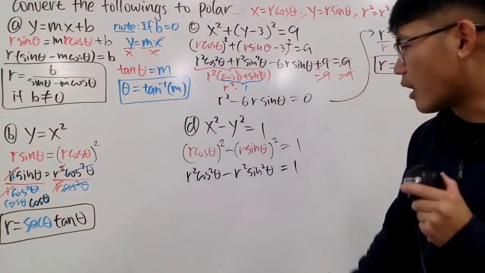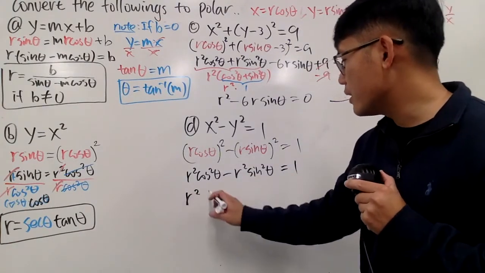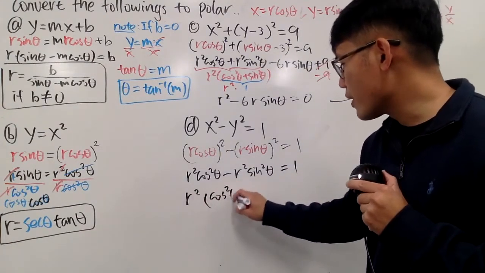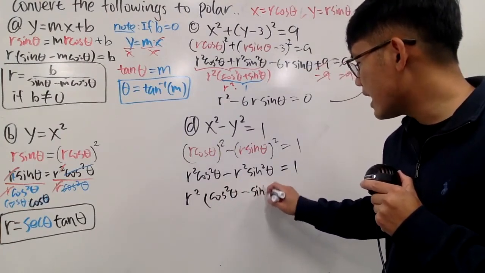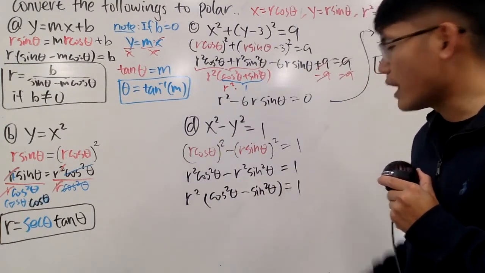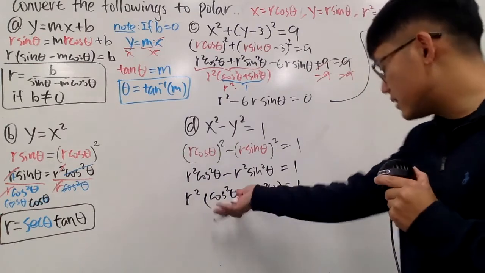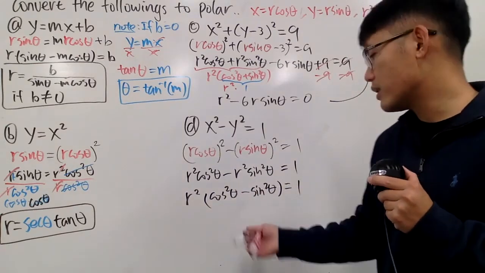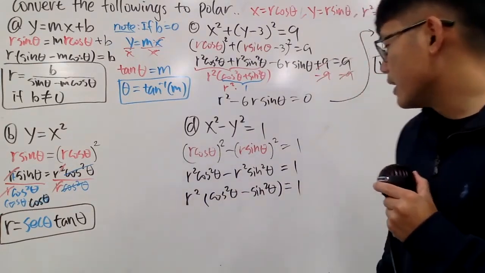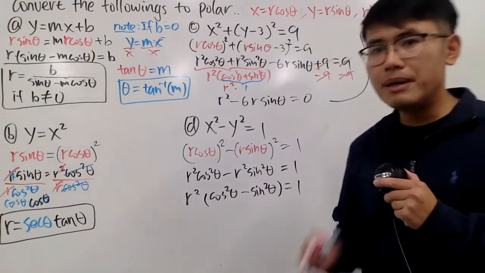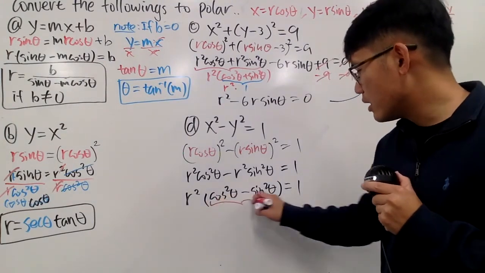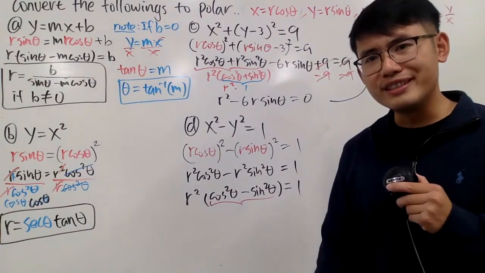Perhaps we can factor out the r squared, and we will. r squared times cosine squared theta minus sine squared theta, and that's equal to 1. And it seems that we should just divide this on both sides. Sure, up to you, no problem at all. And a better thing is that this right here has a nice formula for that too, isn't it?